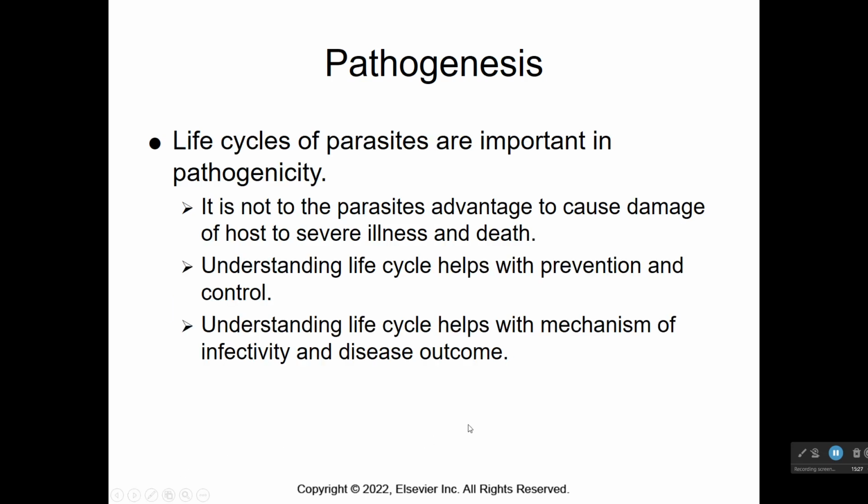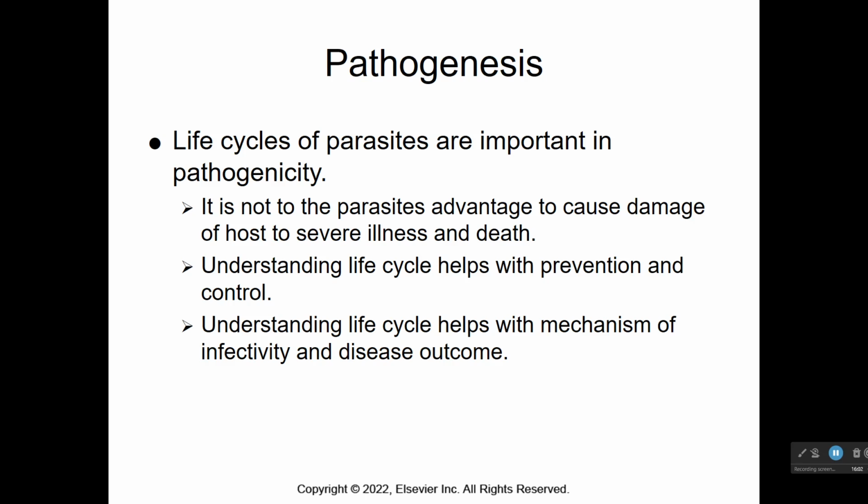Life cycles. I mentioned life cycles earlier. It's very, very important. The life cycle of the parasite, how it goes through other individuals or other hosts, let me say it that way, and how that affects the development. Also, the parasite doesn't have a goal to cause us extreme severe illness or death, because then it has nothing to feed off of. It doesn't want to kill us, because then it loses its host and its ability to live.